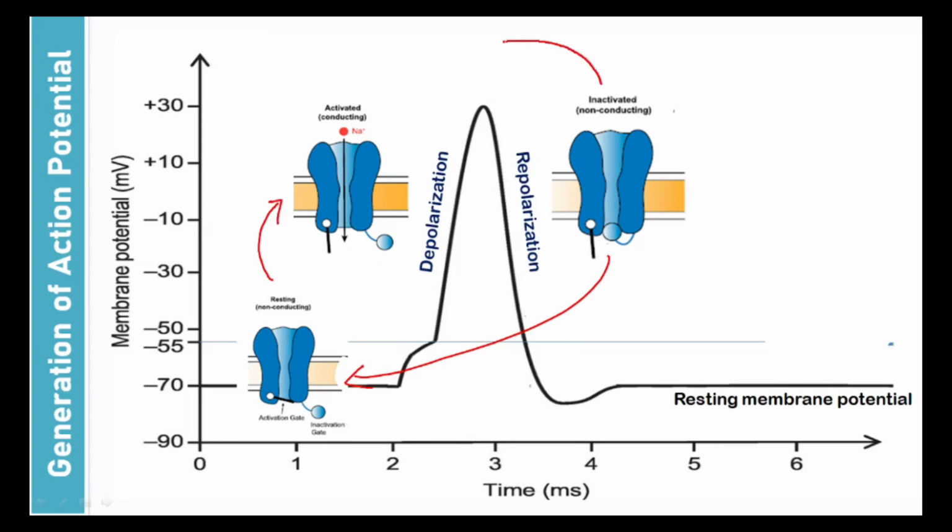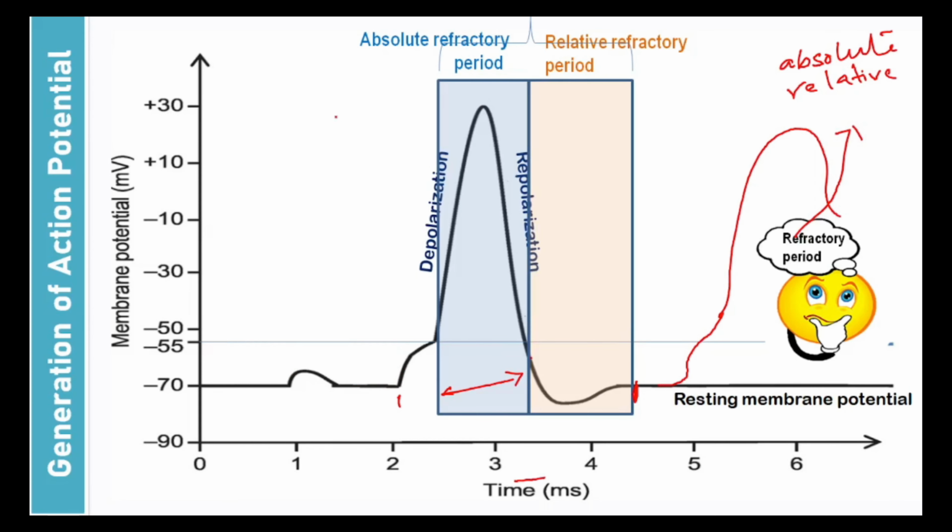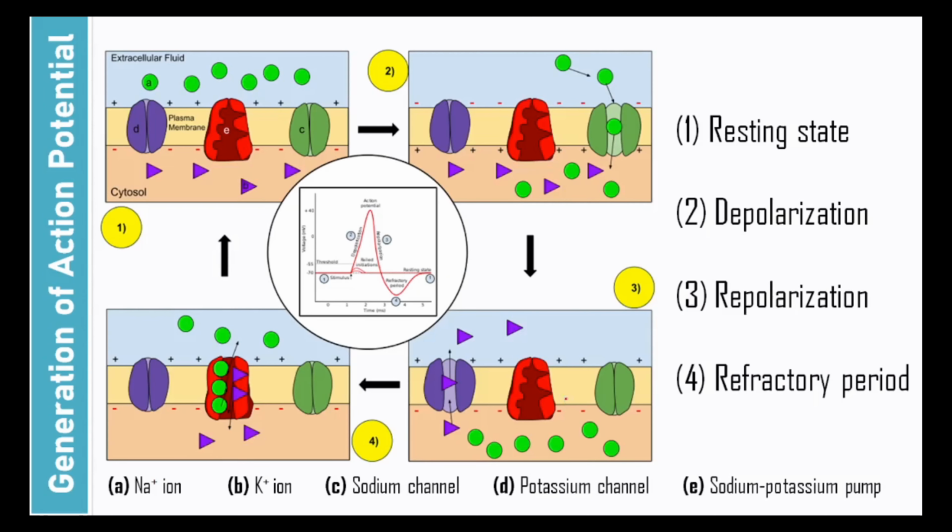It is not possible to go from the inactivated stage directly to the activating stage. That's why generation of another action potential is not possible in this period. While in the relative refractory period, a very strong stimulus can generate another action potential. So this is all about the refractory period.